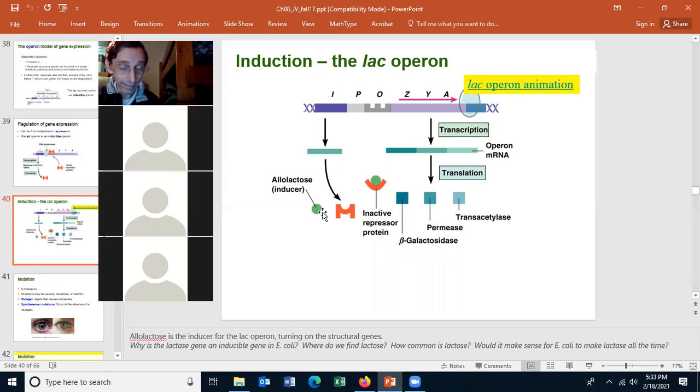Allolactose is the stereoisomer of lactose. And if lactose is around, you always have allolactose around.